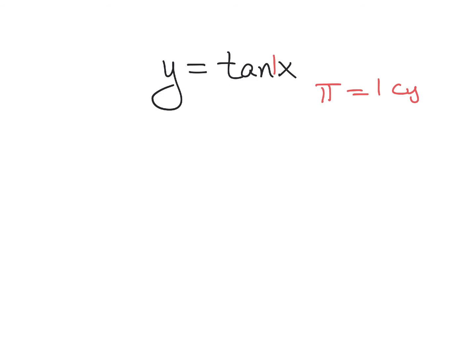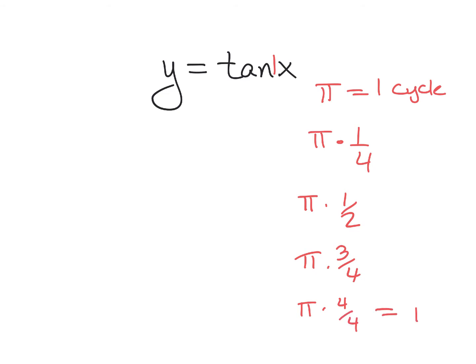And then what I can do is take the pi and multiply it by 1/4, 1/2, 3/4, and again, the full cycle, 4 over 4, which is just pi. So this becomes pi over 4, pi over 2, 3 pi over 4.